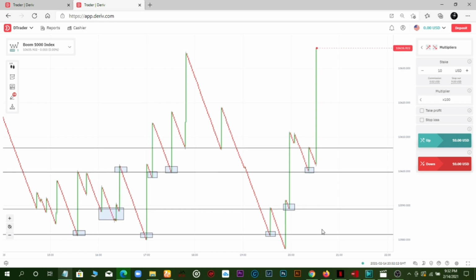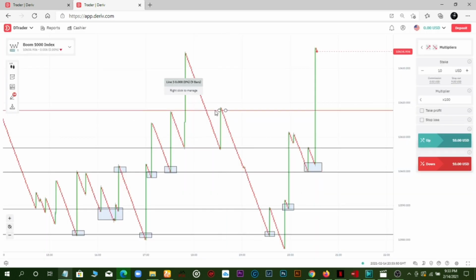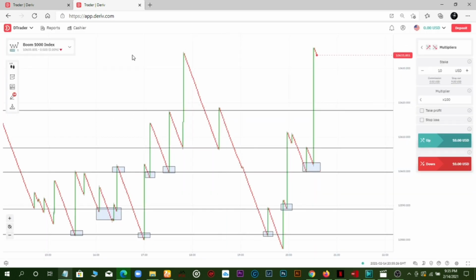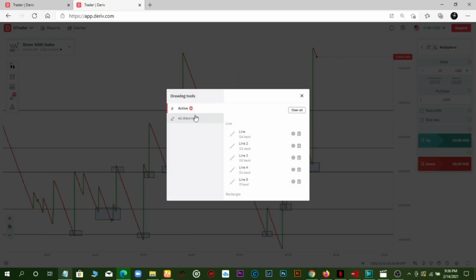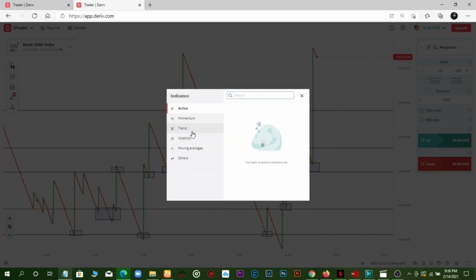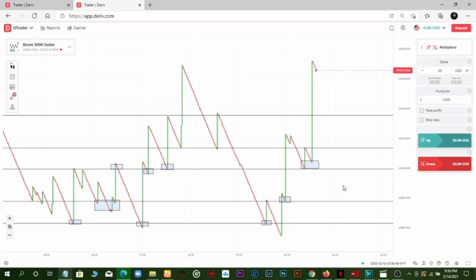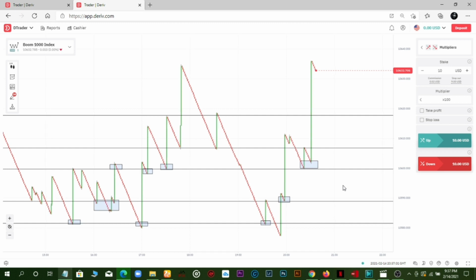I'll make a separate video for this one so you guys can properly understand how to use it with your strategy. As you can see, there's a spike over there, and just after that spike I went again to pick up my rectangle tool and draw the shaded rectangle space, just to show you guys that at that point previously the market has reversed back, so you can easily and quickly know when the market is very likely to reverse back up, and so you know how to catch your spike very easily.